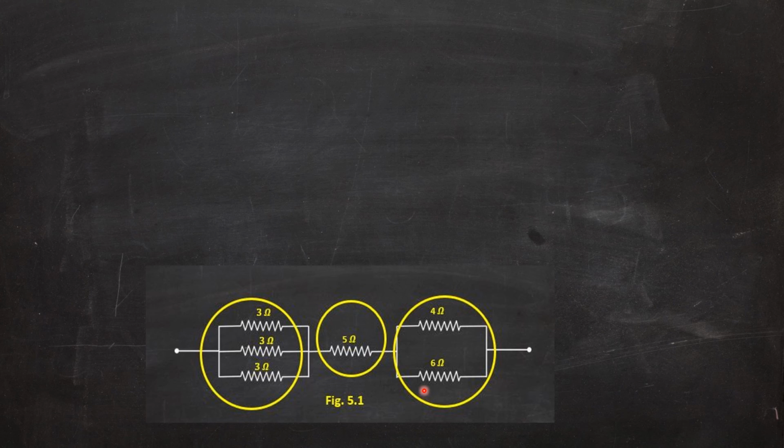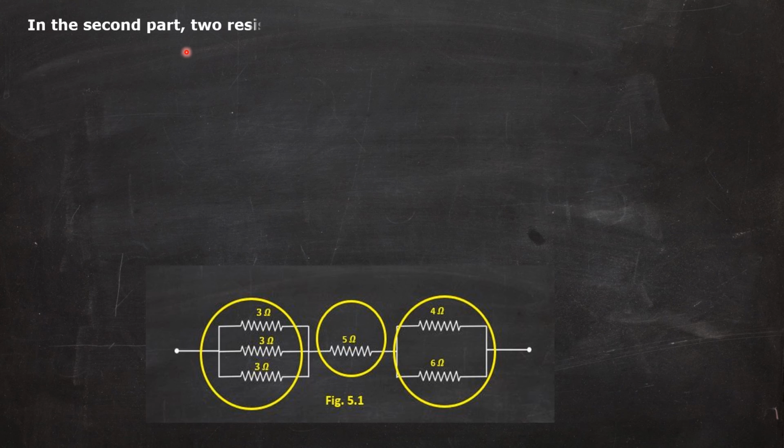Now let us calculate the equivalent resistance of the second part, that is 4 ohms and 6 ohms are connected in parallel. The equivalent resistance of them is R1 R2 by R1 plus R2. So let the equivalent resistance of the second part be R2P.